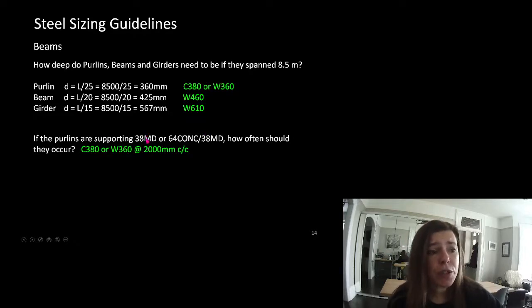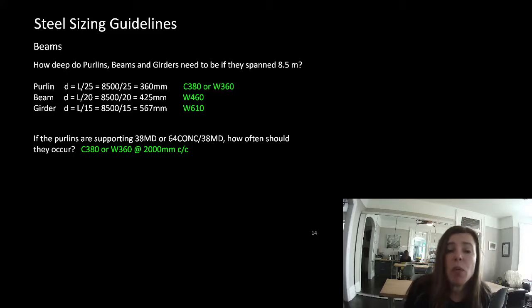If the purlins are supporting 38 metal deck or 64 concrete on metal deck, how often should they occur? Well, we know they should be around 2 meters on center. So on our preliminary drawing set, I would probably say a C380 or a W360 at 2 meters on center.